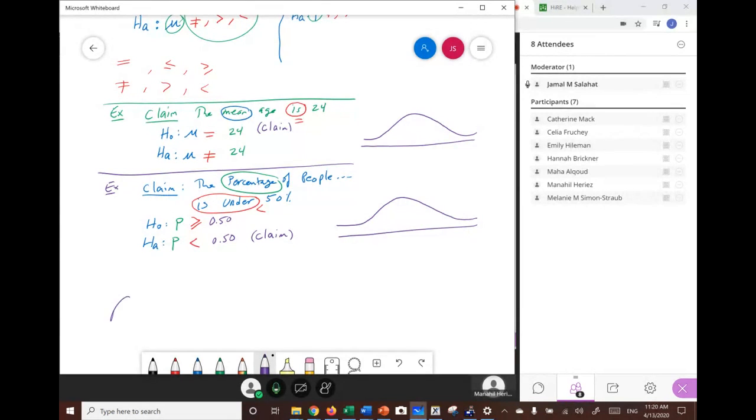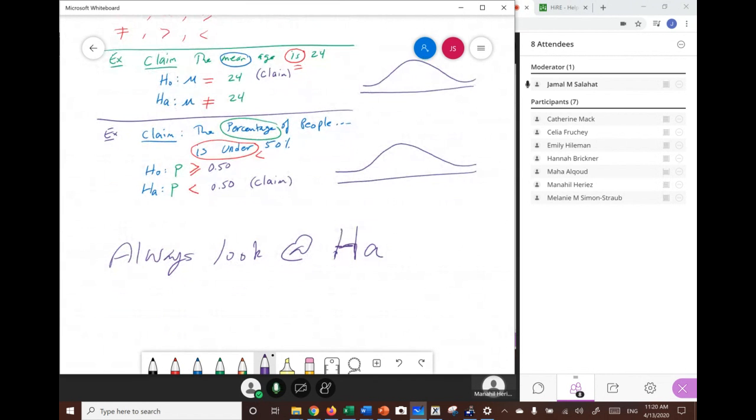Always look at HA, only HA, don't look anywhere else, look at HA. Now, if you see less, it means left-sided. We call that in statistics left tail. If it's more, we call that right tail.